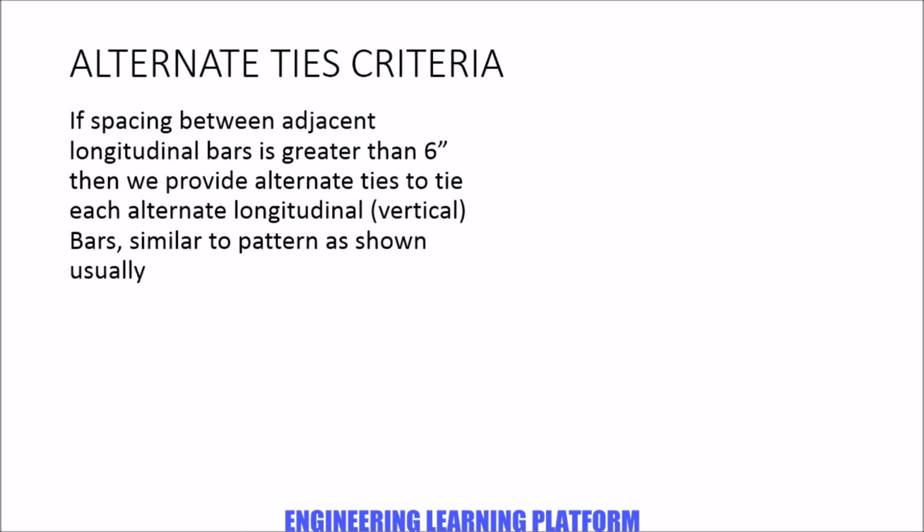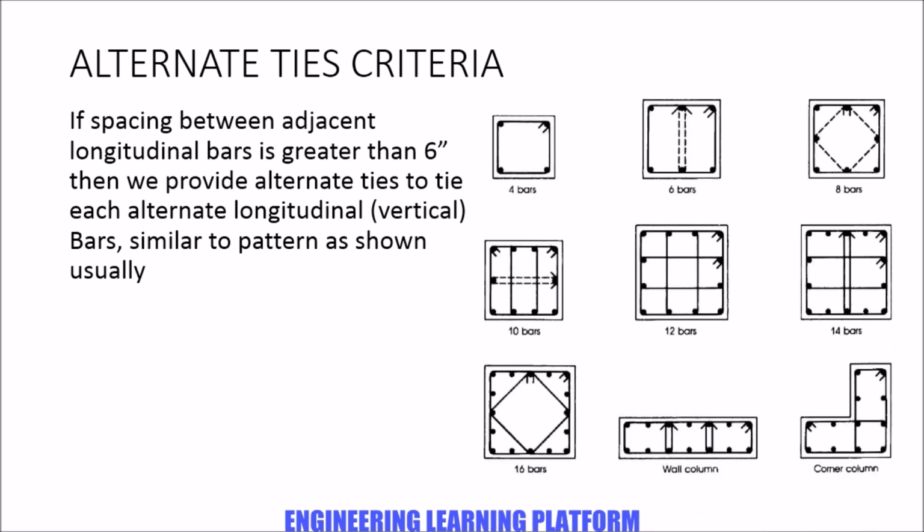So right now we will be calculating the parameters for our case. If the spacing of the adjacent longitudinal bars is greater than 6 inches, then we will provide alternate ties as shown.